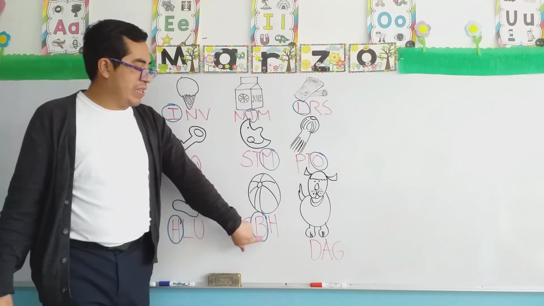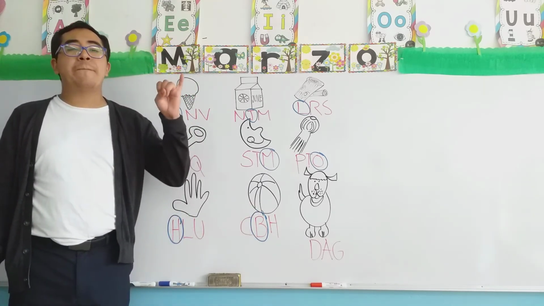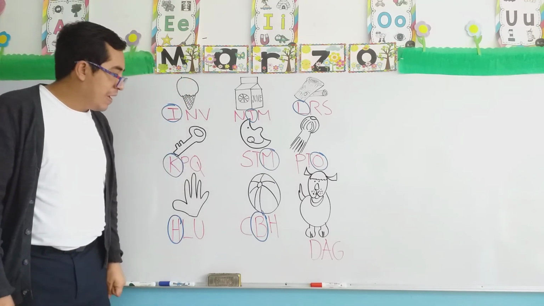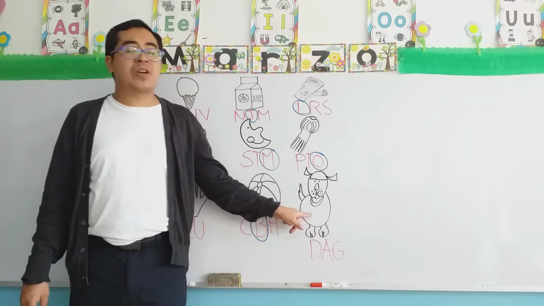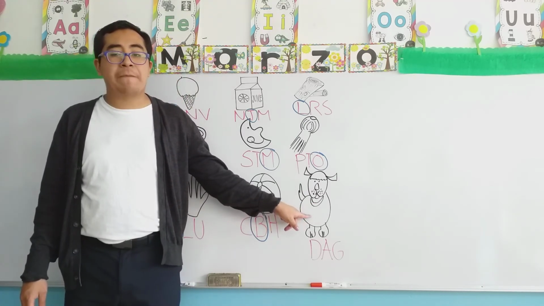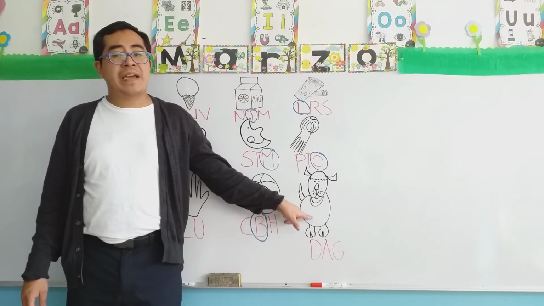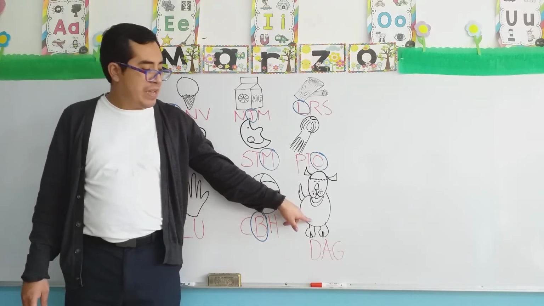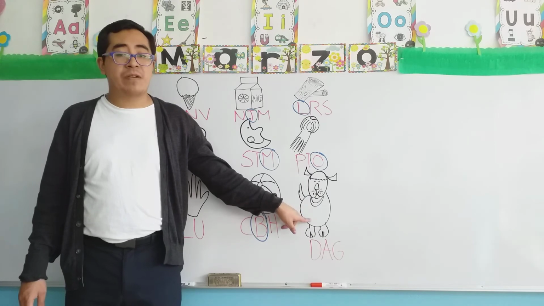Other objects with the letter B, we had bear, we have balloon. And finally, the last object of today's activity, a pet. The object that begins to animals of pets. Okay, the dog. Very good.